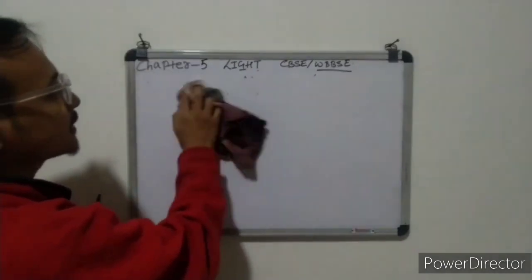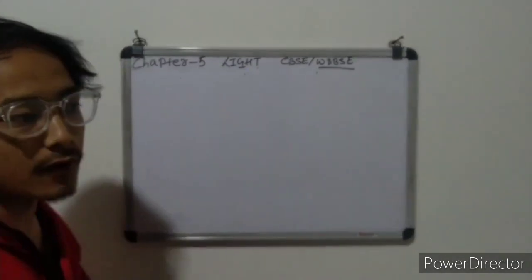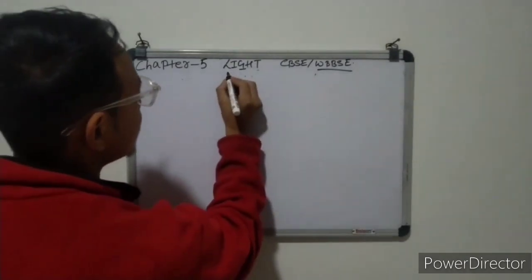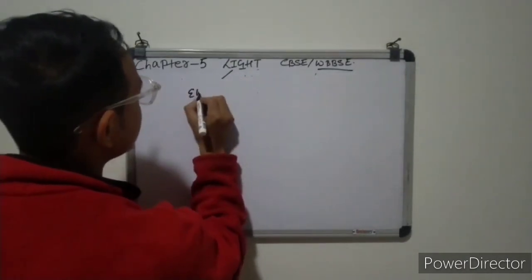Light is a form of energy. Another point is that light is an electromagnetic radiation.